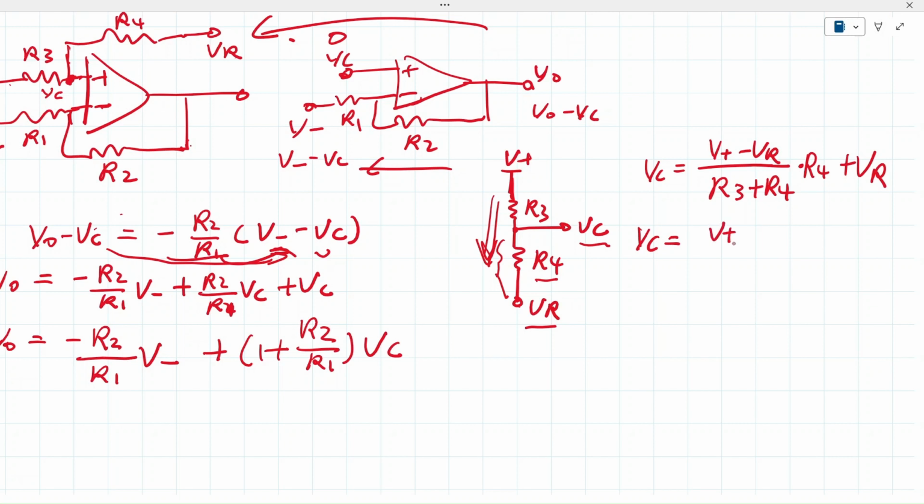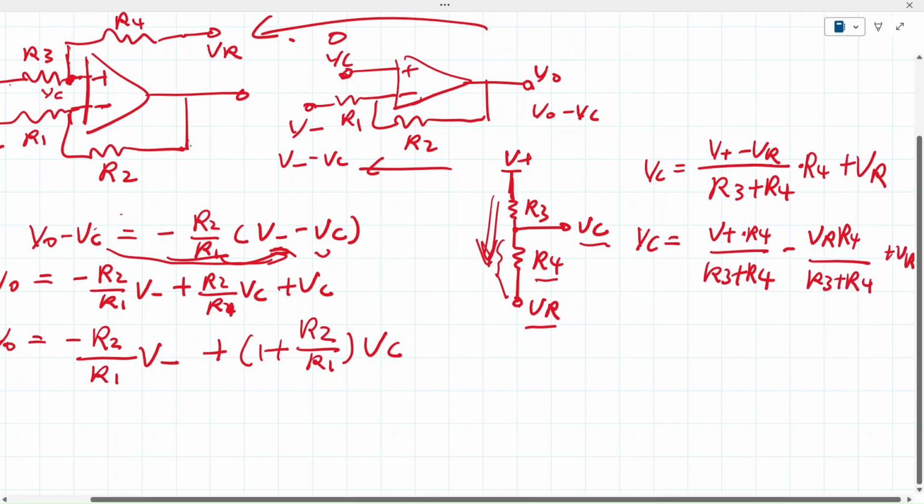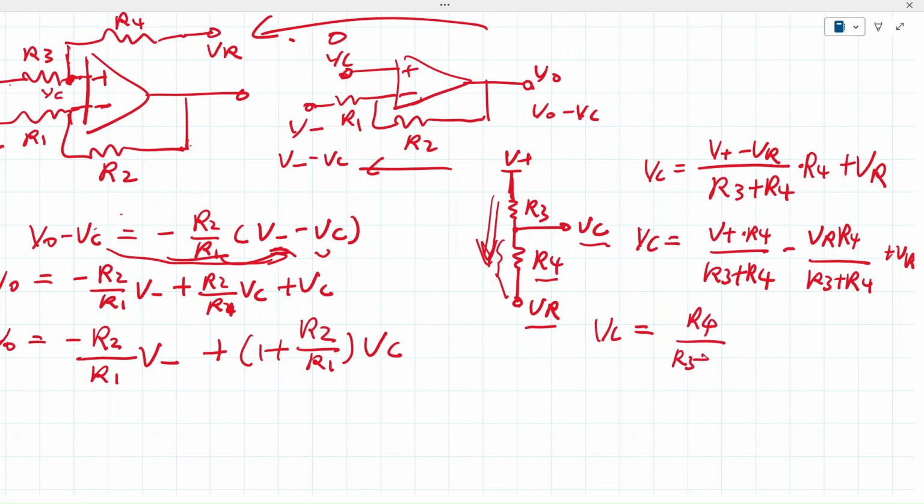Okay, so we can arrange this in a slightly different way. This can turn into V plus times R4 over R3 plus R4, minus VR times R4 over R3 plus R4, plus VR.